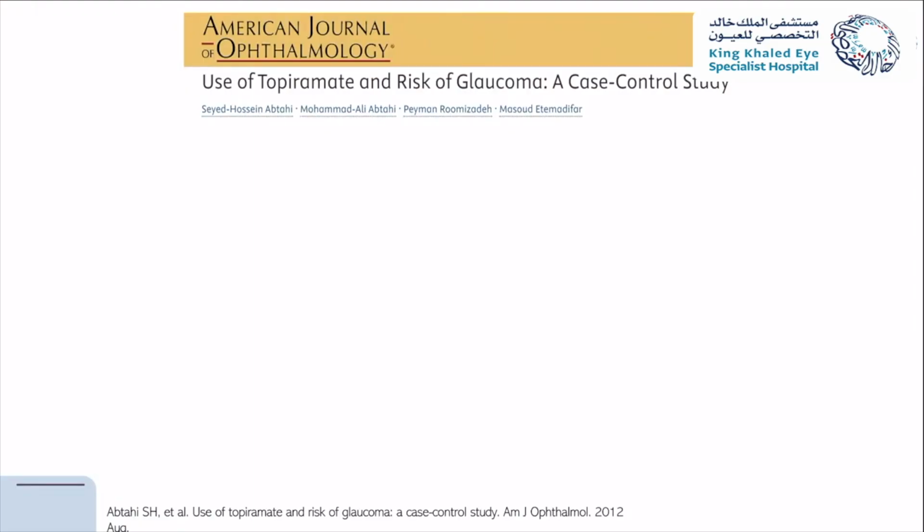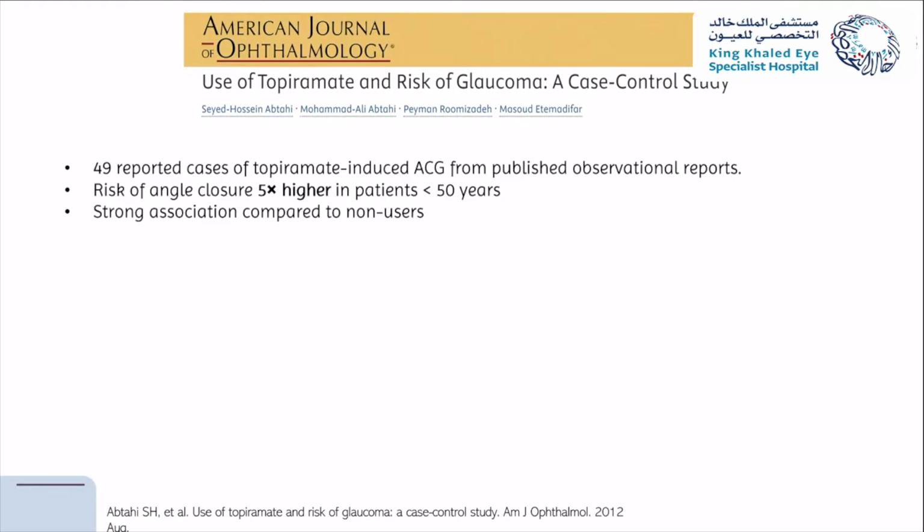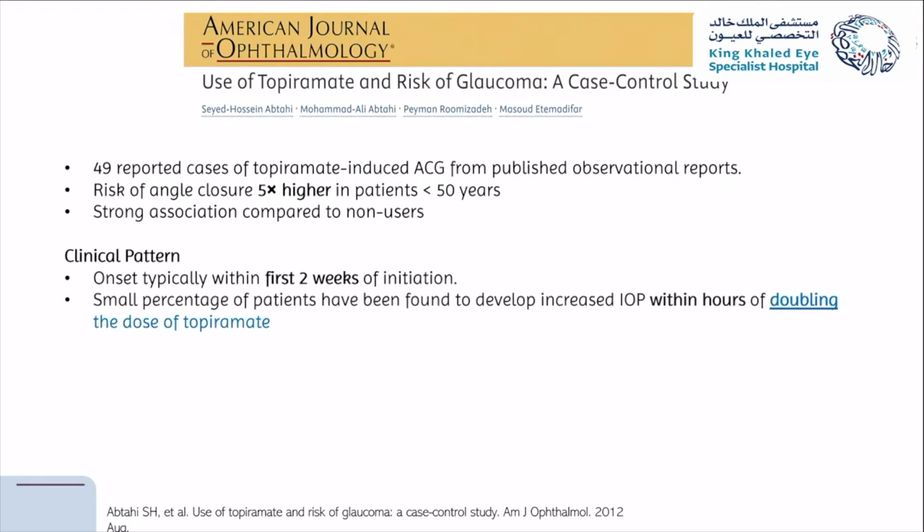This is an article, a case-control study published in the American Journal of Ophthalmology. They reported 49 cases of topiramate-induced acute angle closure glaucoma, and the risk was 5 times higher in patients younger than 50 years old. The onset was typically within the first 2 weeks of initiation.